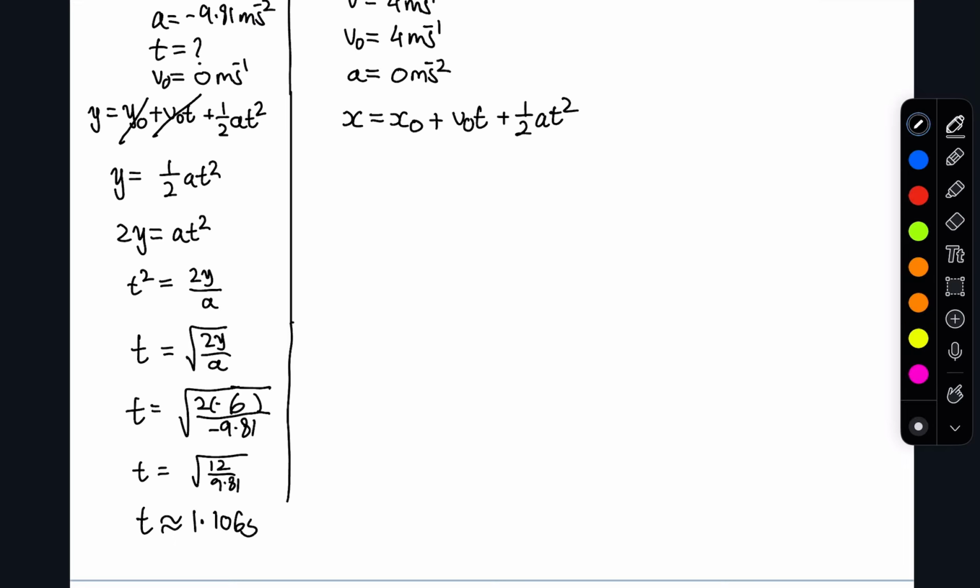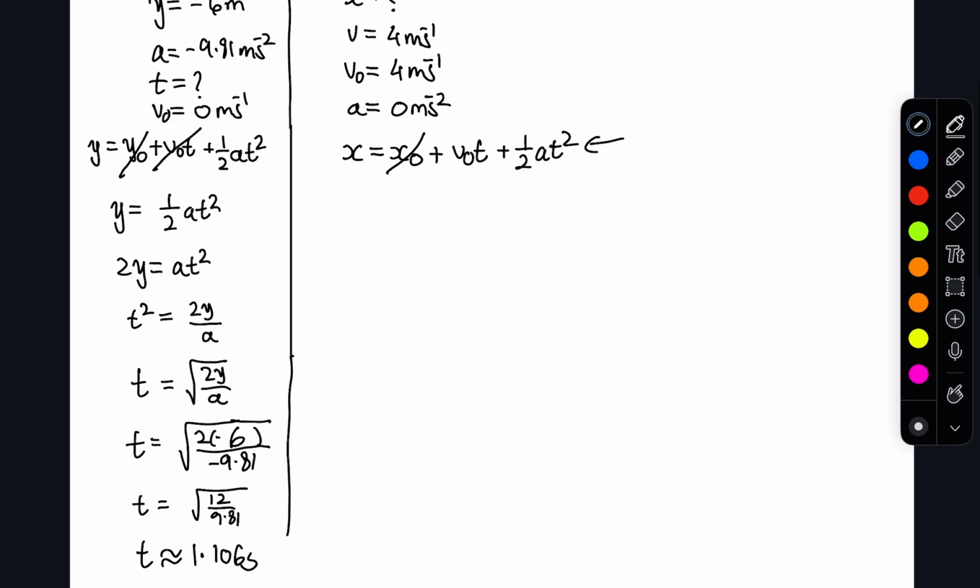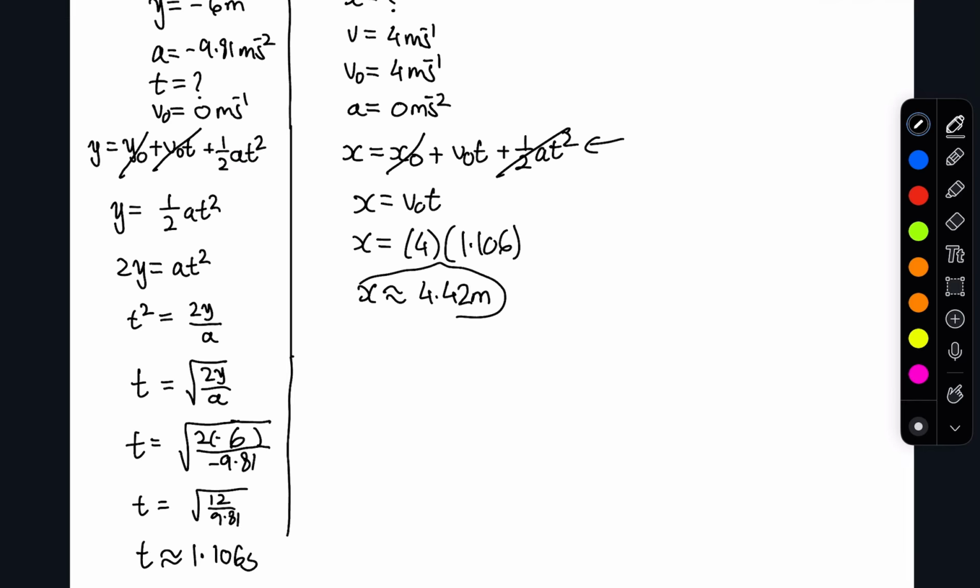And now we just have to substitute it back into this. Well, we know x naught is equal to 0, and acceleration is 0. So it's just x is equal to v naught t. And then that means x is equal to 4 times 1.106. So x is approximately equal to 4.42 meters. And that's it.